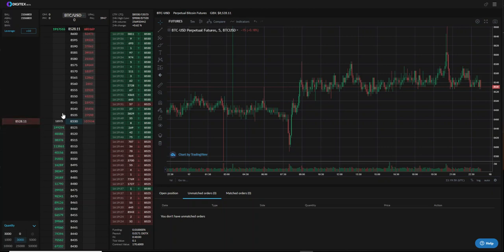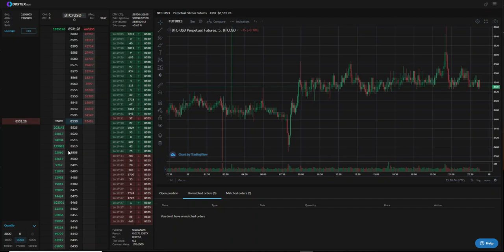In every futures exchange, the process of the auction is first come, first served. So if you place an order, you are going to be in line, in a queue.